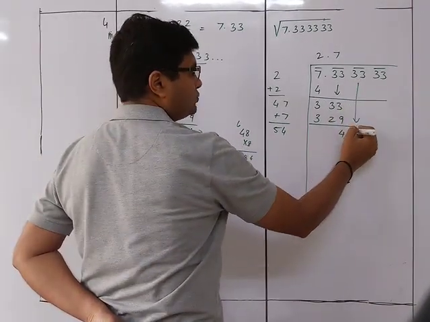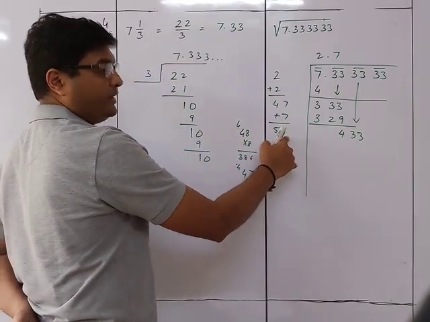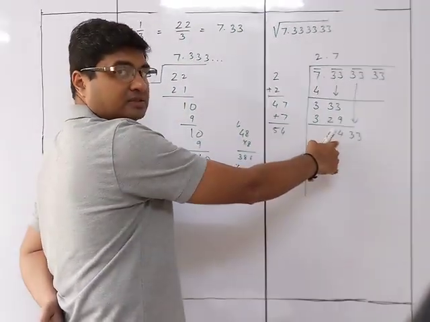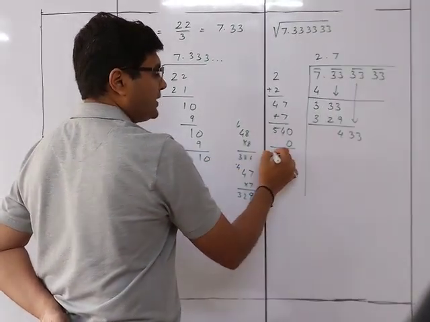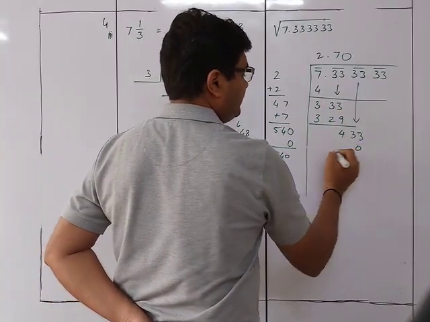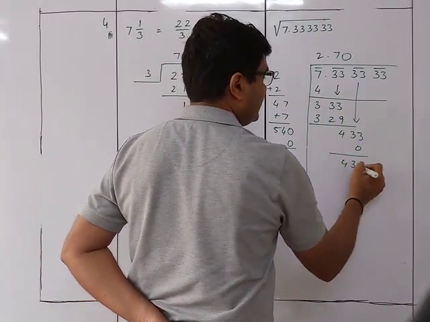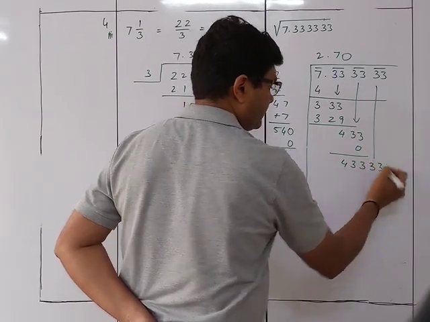Then this 3 comes over here. Now you can see, even if I place 1 over here, it will be 541, which is smaller than this. Hence I need to take 0. So if I take 0, this will become 540. This will become 0 here, and here it will be 0 to give you 4330. Again, not 00, but now it is 33.